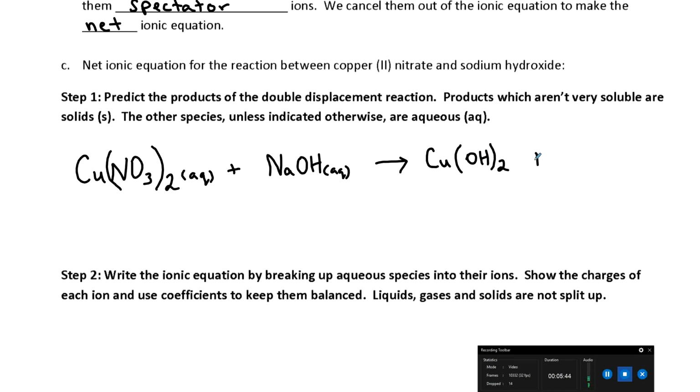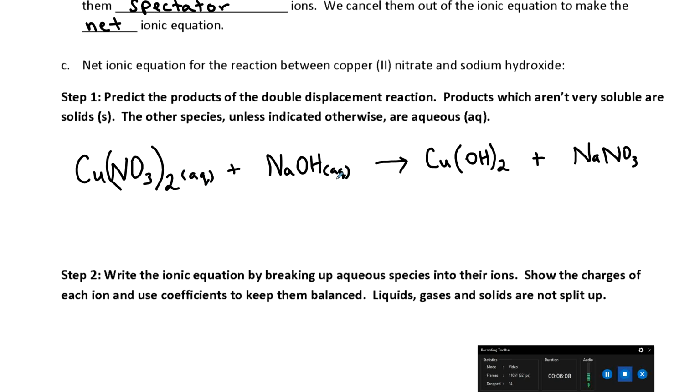I have to check my solubility rules. My other product is going to be sodium and nitrate getting together. Na is a +1, NO3 is a -1, so those stay like that. Now, there are so many little itty bitty steps here, we don't want to forget anything. Everything has to be labeled with its state.